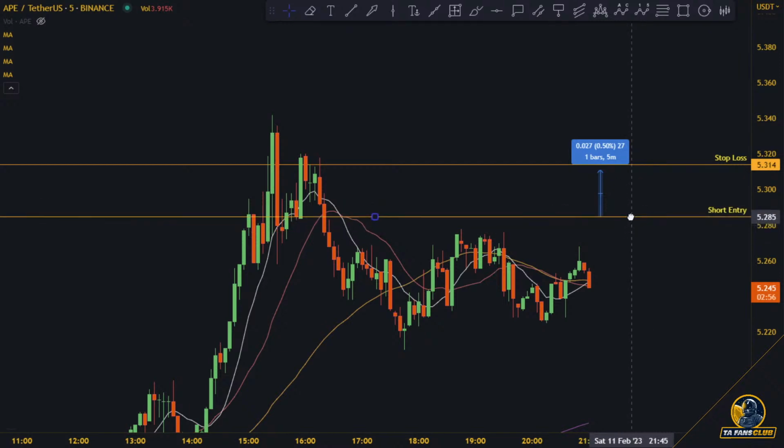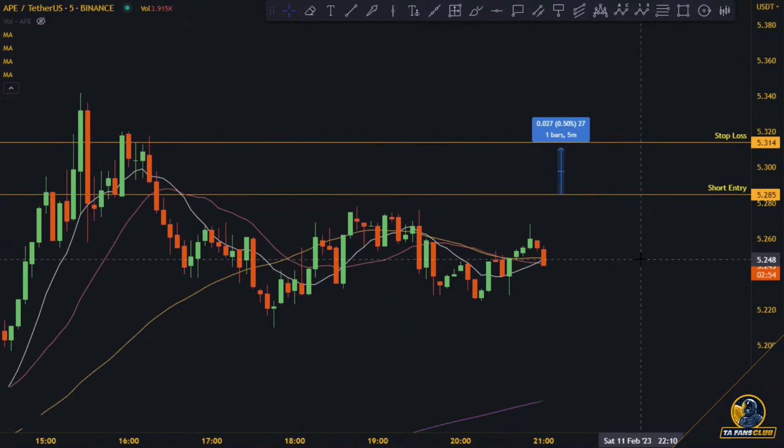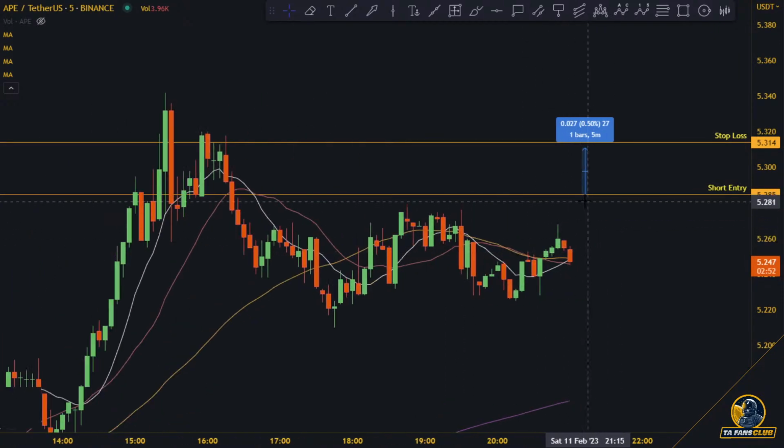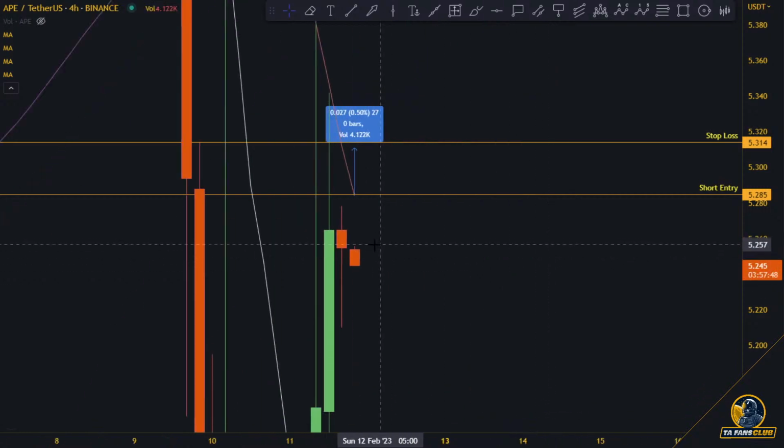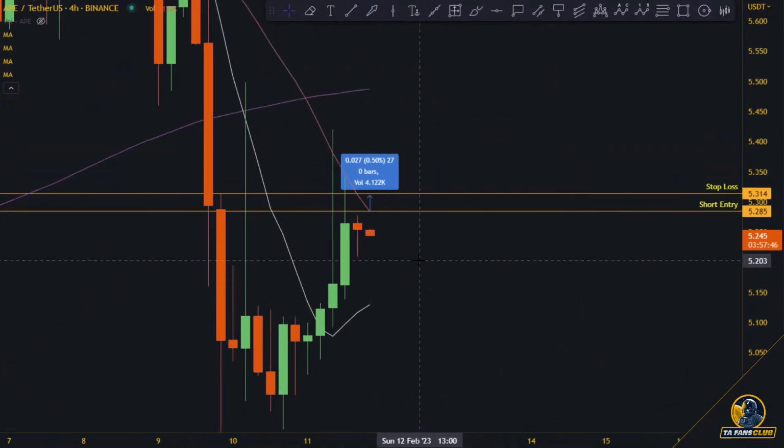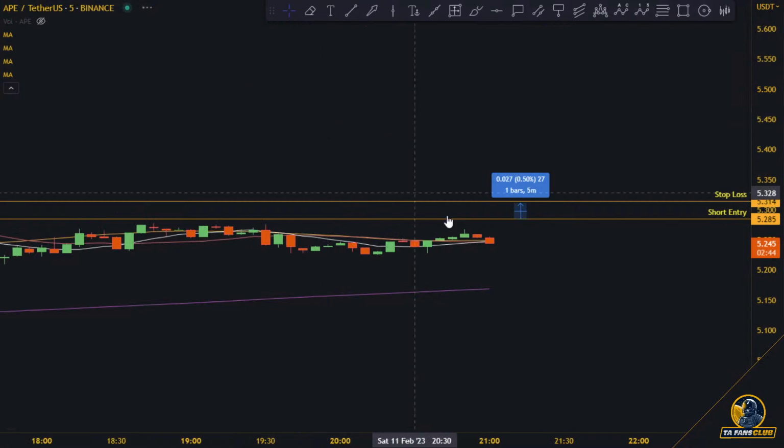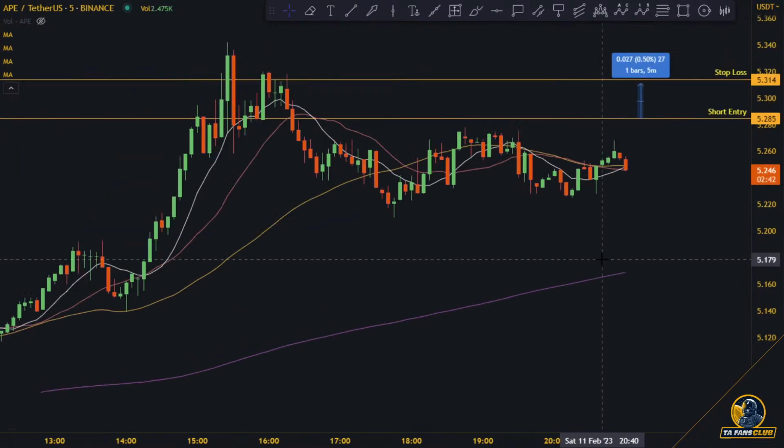Right? Give or take. So if it goes up there, if it taps that little wick up there, did we have any kind of wick up there? We did have a small wick, so I don't think that's gonna happen. Could happen, but it doesn't seem that he wants to do that just yet.